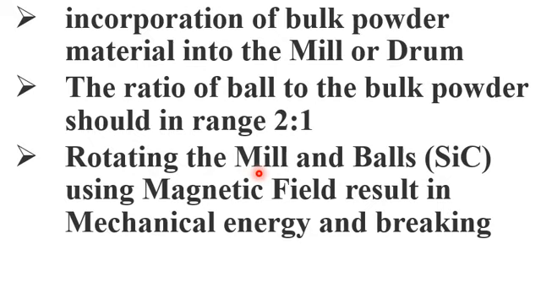When the ball mill rotates, the balls will have an impact on the powder material. Due to the impact of the balls with the powder bulk material, the bulk material will be converted into a fine nano powder.